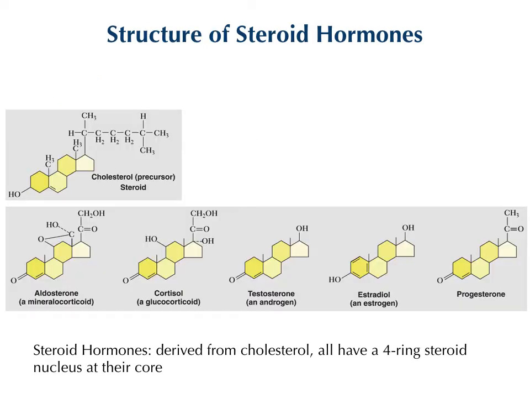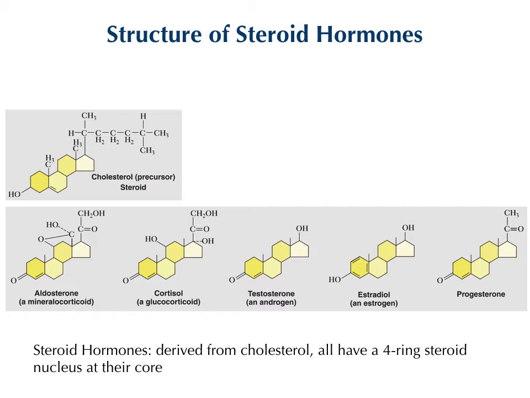And as promised, you can see in this picture how cholesterol at the top forms the derivative compounds below it. Cholesterol and all these steroid compounds have the same 4-ring steroid nucleus at their core.